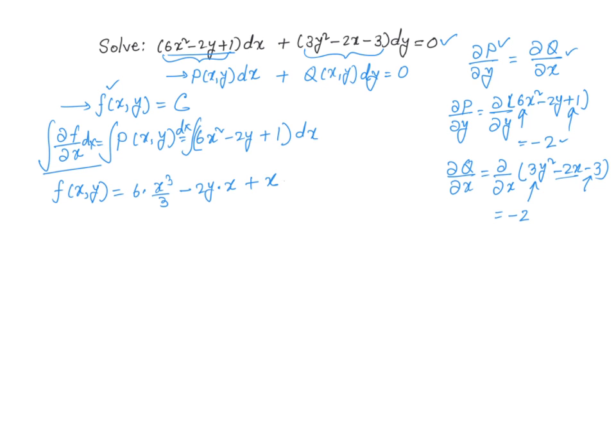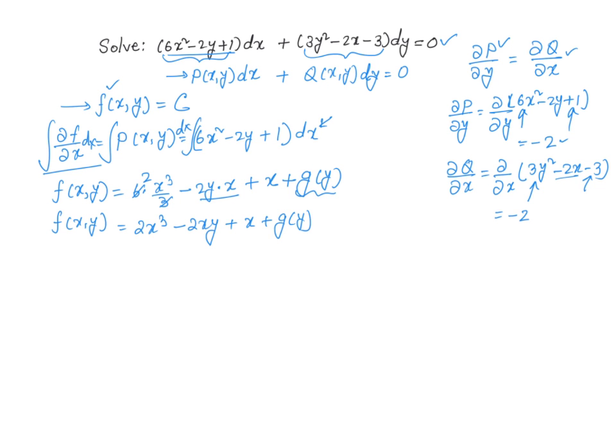Now I have to add a function of y, let's call it g of y, which serves as a constant in a way, because we are integrating with respect to x. So f of x comma y is equal to 2x cubed minus 2xy plus x plus g of y.